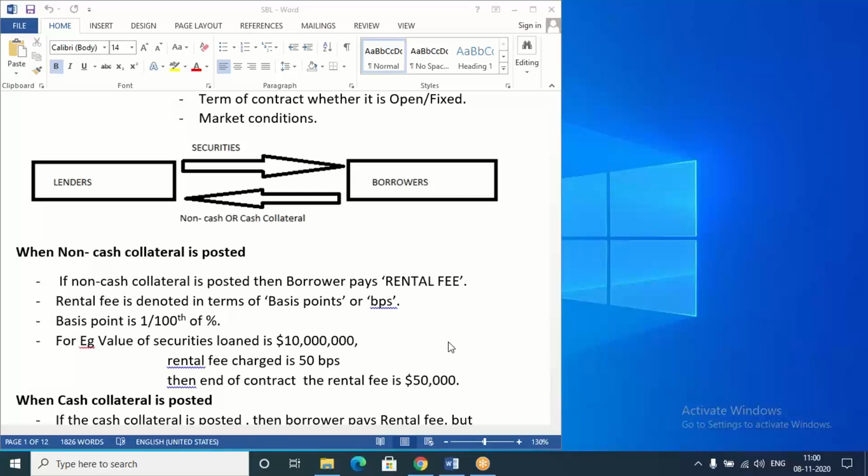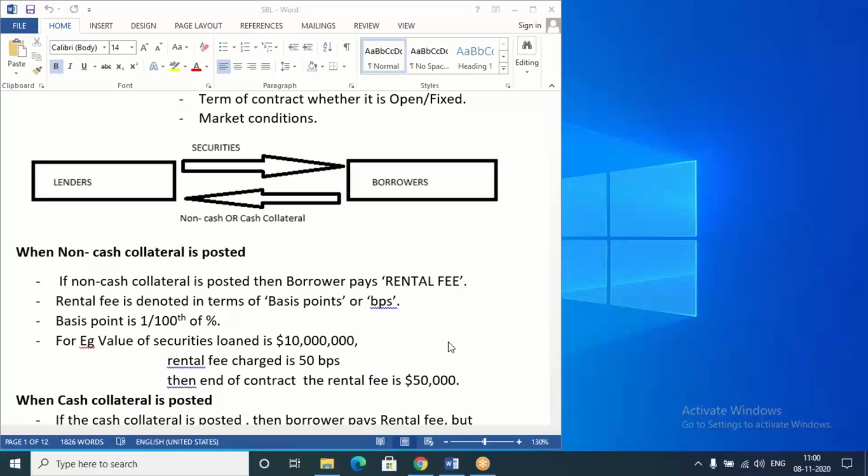USD, yes. What else? Euro, yes. And one more, GBP, exactly. These are the three main currencies in stock borrow lending that can be used as collateral.